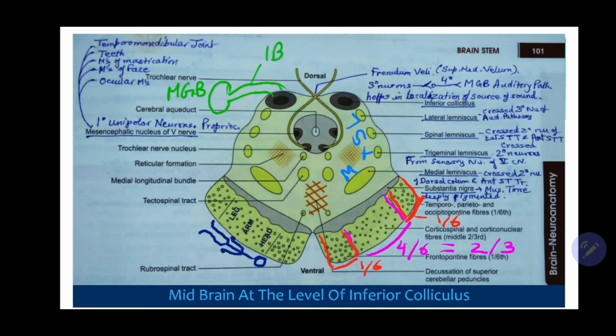The fibers of the anterior spinothalamic tract decussate and reach the opposite side one or two segments above, obliquely, into the opposite lateral funiculus, and from there they ascend, and finally in the medulla they join this medial lemniscus. Okay.